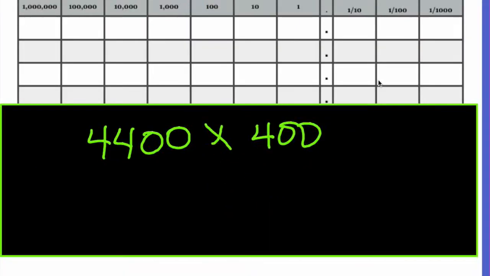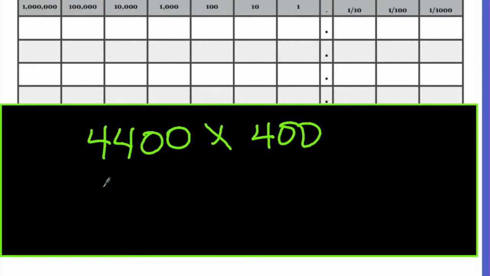And the first thing I would tell students to do is to look at the numbers that aren't zeros. So in the first number, we have 4,400. What are my numbers other than 0? 4 and 4, so I have the number 44.